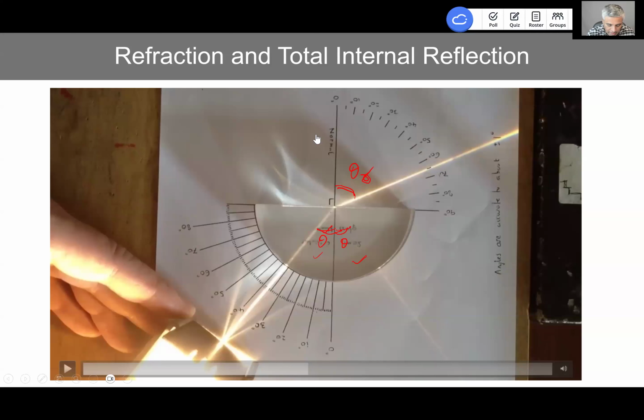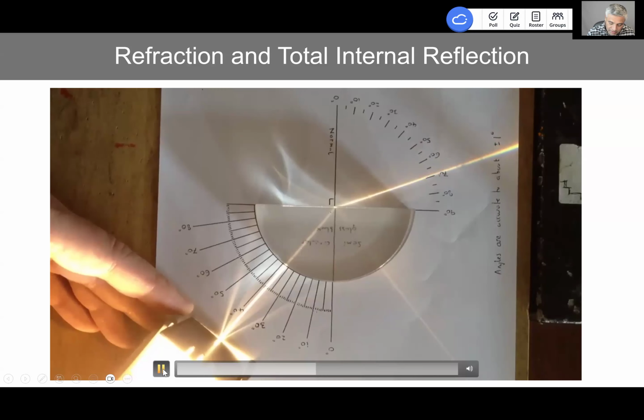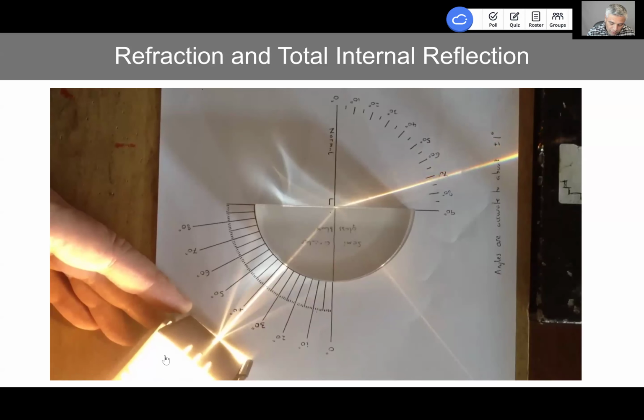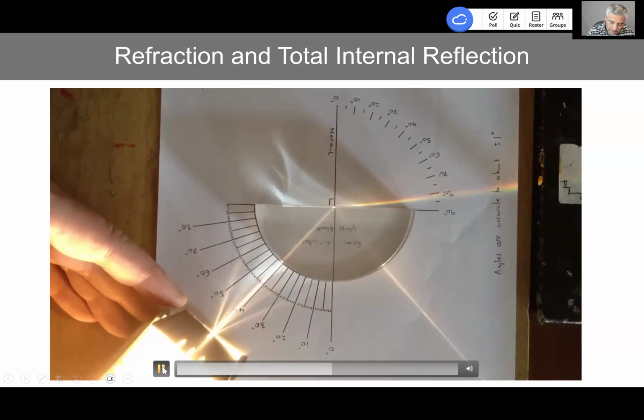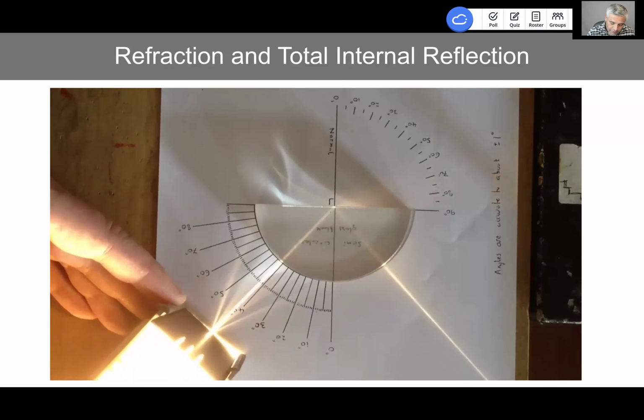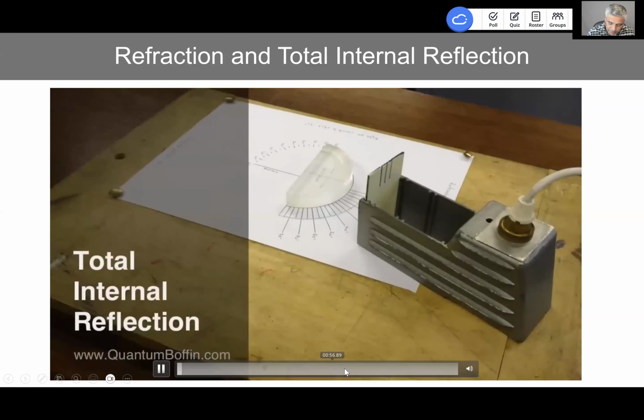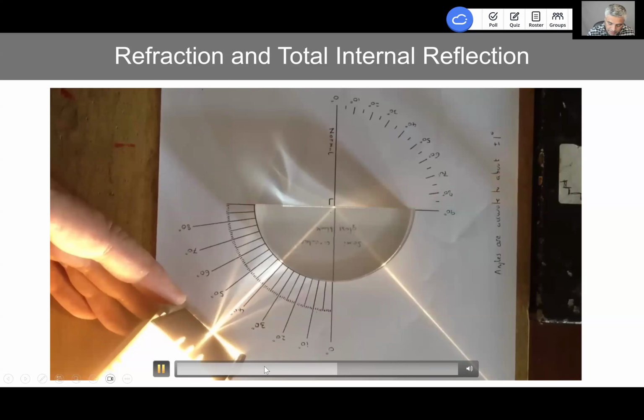Now at a particular angle, around this 40, the angle of refraction becomes 90 degrees. Let's pay attention to that. Now more and more light is reflecting, and at that angle slightly more than 40, oops, wrong place, I clicked on the wrong place.